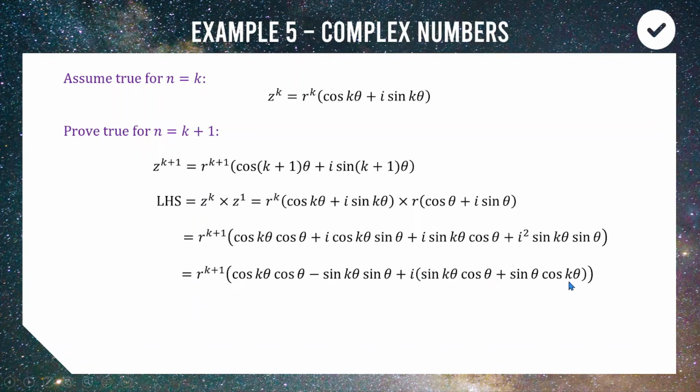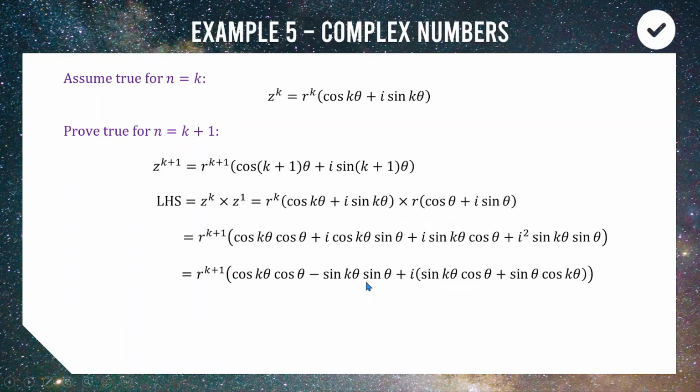Now, if you're watching this video, I'm assuming you are an Extension 2 student, which means you are an expert of Extension 1 mathematics. And that means you recognize this right here as a trigonometric identity. This is in fact cos of k theta plus theta.